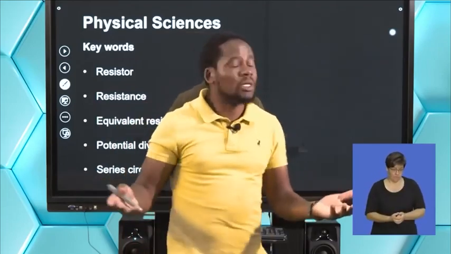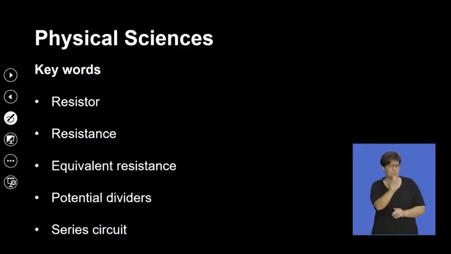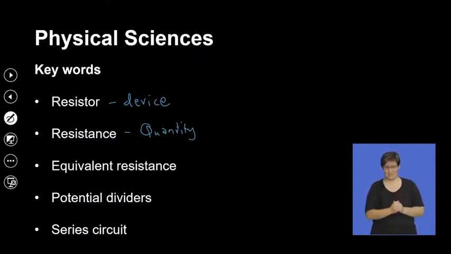What are some of the keywords that we're going to use once too often than others today? A resistor, which is actually a device. So a resistor is a device or an electrical component, okay, right? While resistance is a quantity, a very important distinction between the two. You need to be able to differentiate.